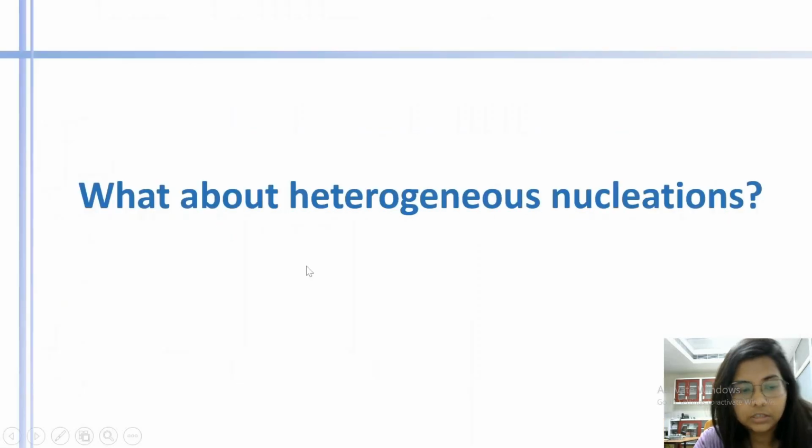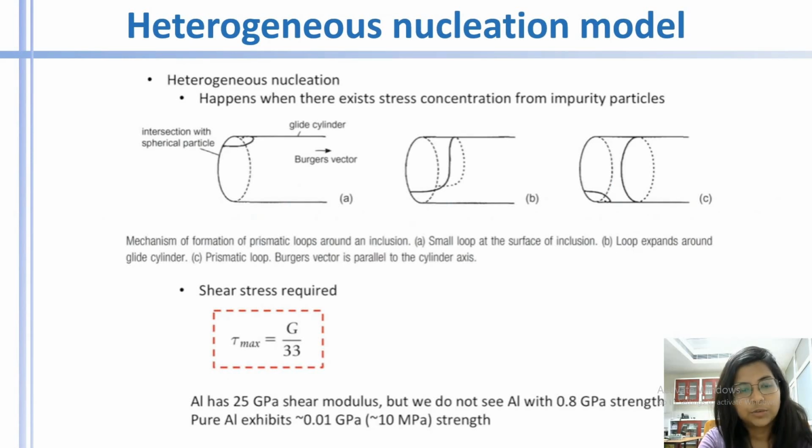Now we come to the second model, which is the heterogeneous nucleation model. Heterogeneous nucleation happens when there exists stress concentration from impurity particles.